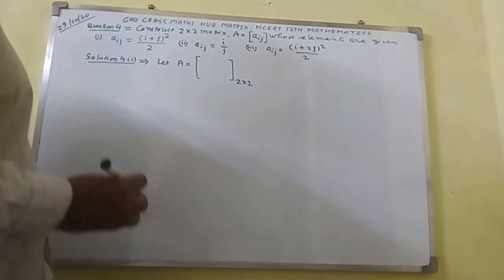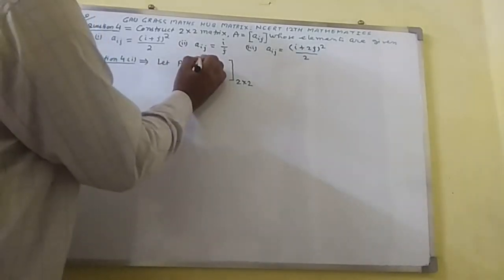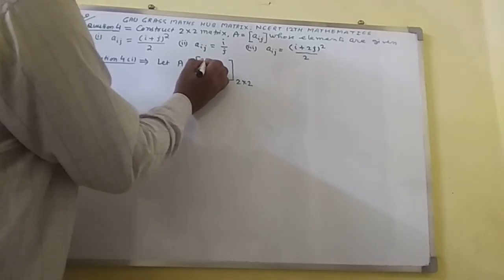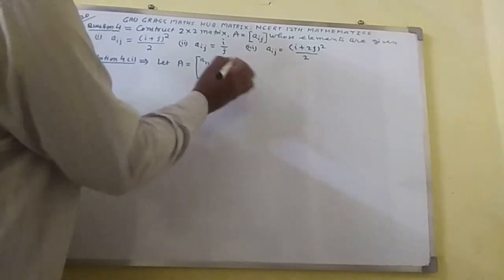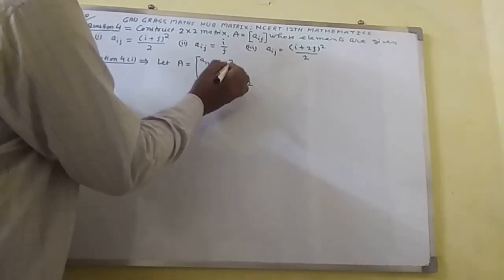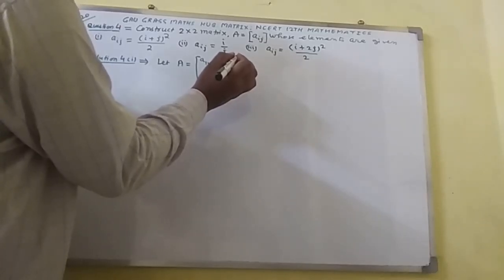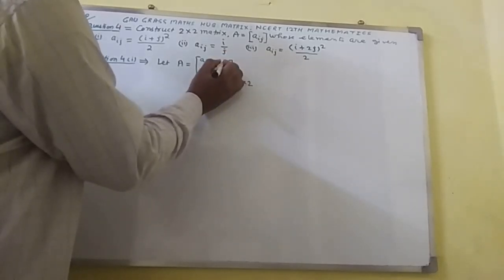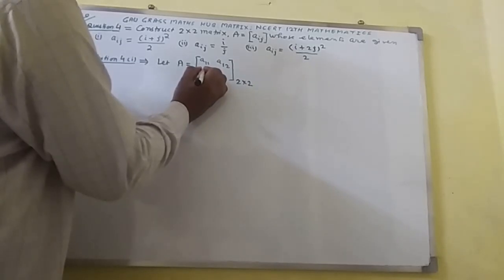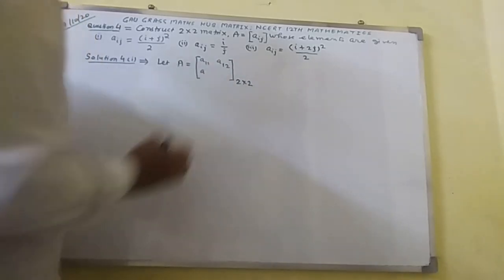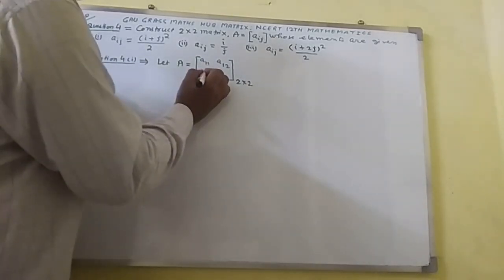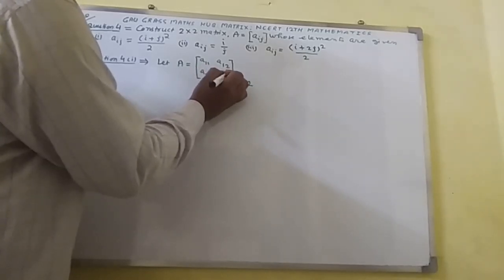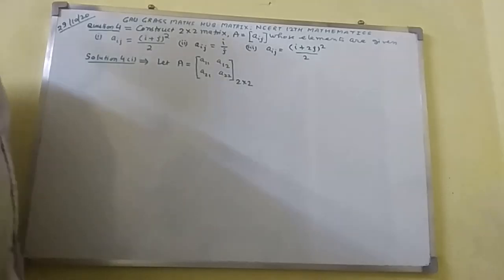The elements of first row I shall write a11, first row second element a12, second row first element a21, a22.